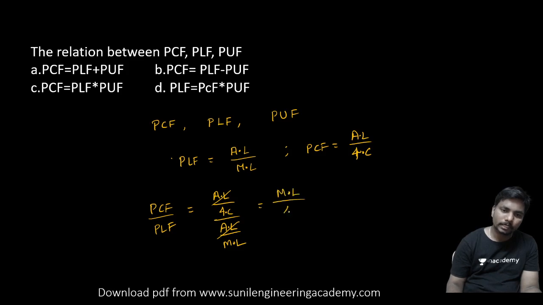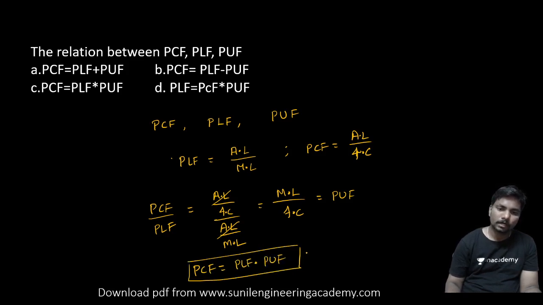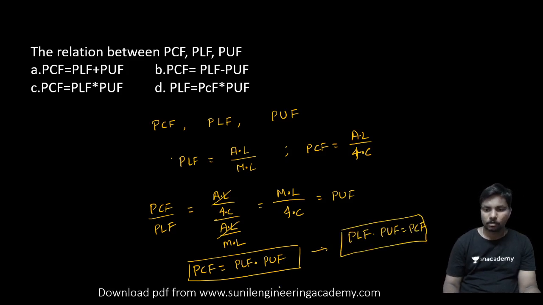Maximum load by installed capacity is nothing but plant utilization factor. So from this, PCF is equal to PLF into PUF. Or we can say that PLF into PUF is equal to PCF.